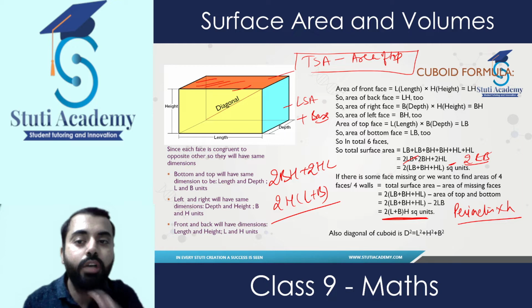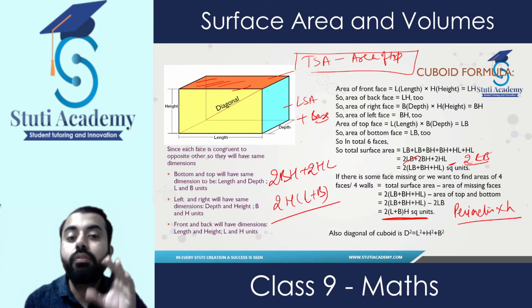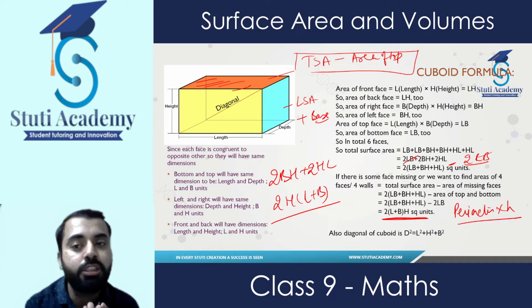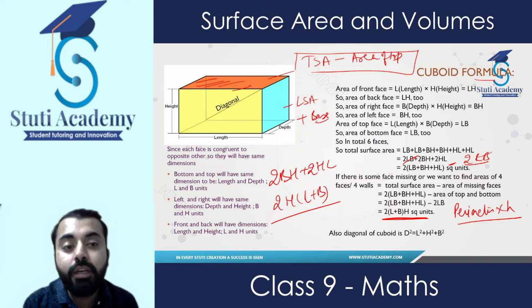I will be considering certain extra portions in this chapter. Firstly, you have to understand each and everything. You have to understand the basics. In a cuboid, opposite faces share the same dimensions, and each opposite face is sharing the same dimension. Adding those, you got a total area.